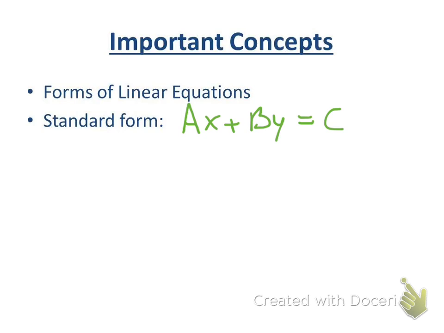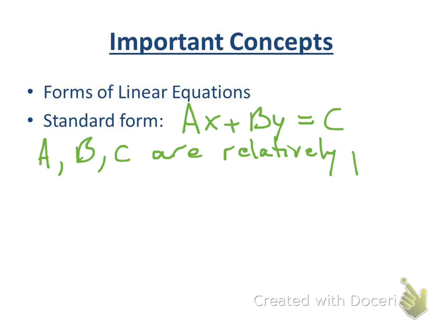And what were the conditions on A, B, and C? A, B, and C are relatively prime integers, right? Relatively prime means that they do not have any common factors. Integers means they cannot be fractions or decimals.